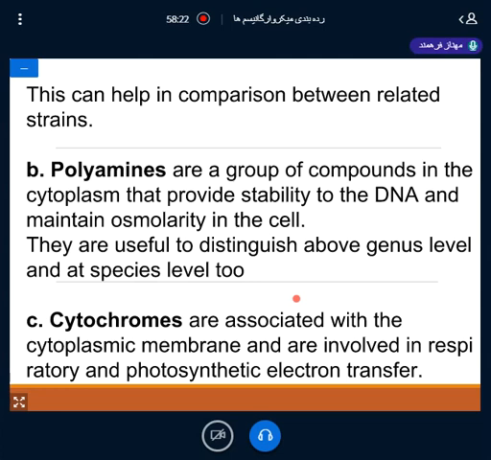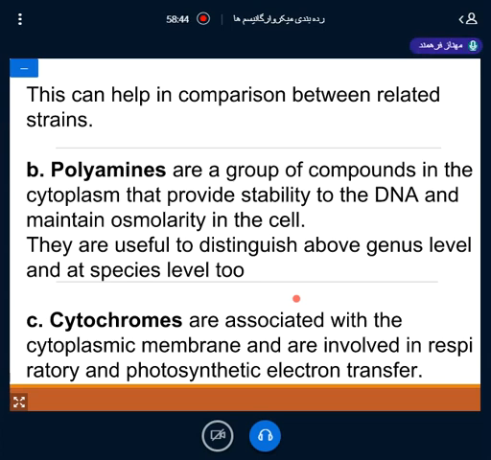So they can neutralize and provide stability to the DNA molecule. We can recognize this kind of molecules, polyamines, for taxonomy, and they are useful to distinguish the genus levels and also up to species levels too.